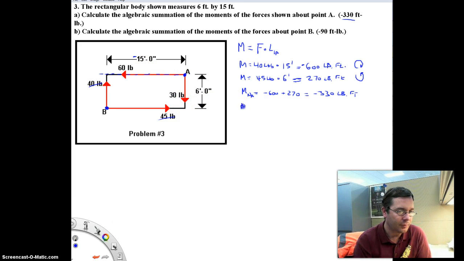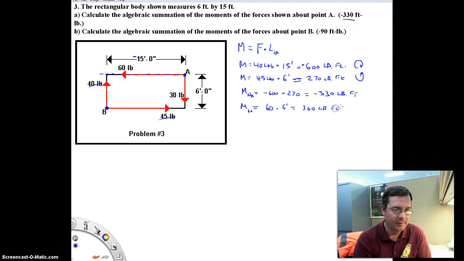So, the moment, and I'll just denote this M of 60 to indicate that it corresponds to the 60-pound vector, equals 60 pounds times, what's the moment arm about B? 6 feet. Which is going to equal 360 pound-feet.